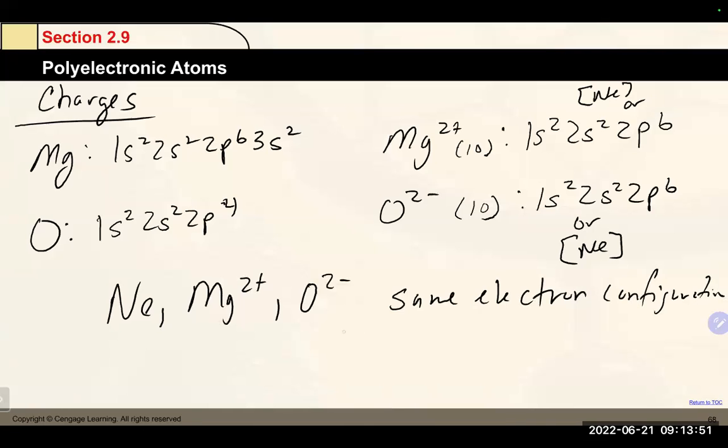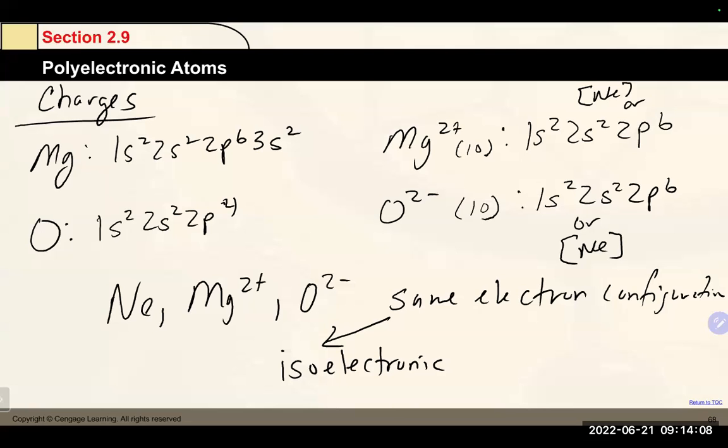Things with the same electron configuration are said to be isoelectronic with each other, as we will talk about in the next chapter as well.